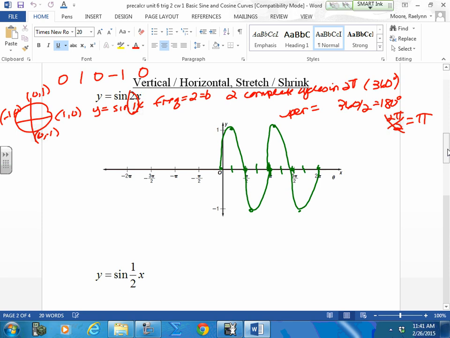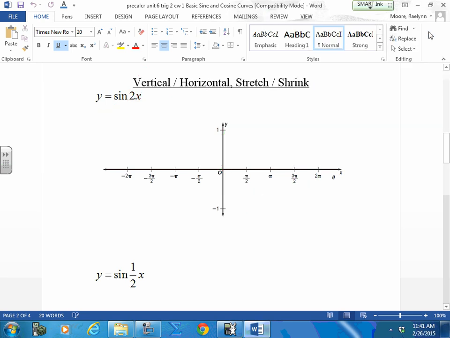Now, let me adjust this. I'm going to just change this a little bit, and I know I didn't give you a space to do it, but you can put it somewhere. Y equals the sine of 3x. Just make a little grid. Just make a little grid and map off 90, 180, 270, 360, like that.